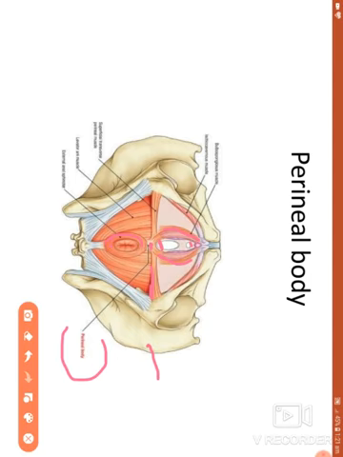These are the muscles attached to the perineal body, which anchors the pelvic floor muscles. These muscles converge towards the perineal body. This also comes under the mechanical support of the uterus.